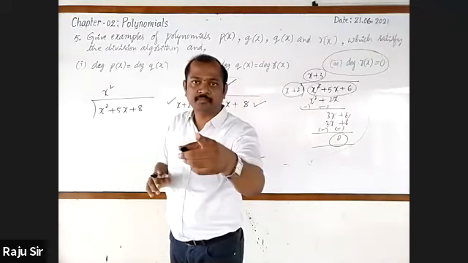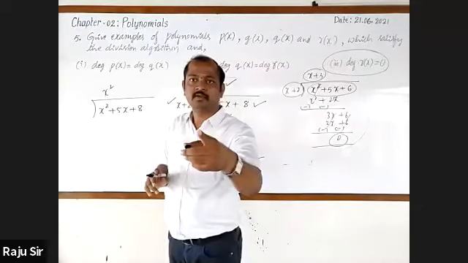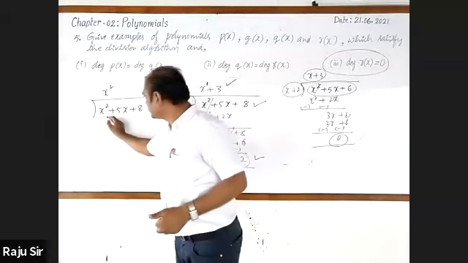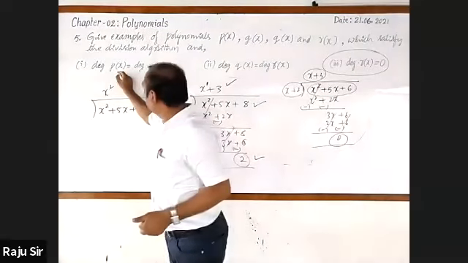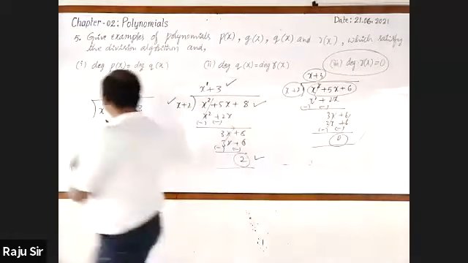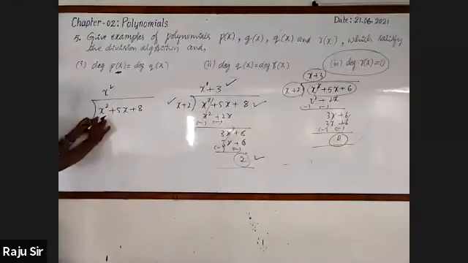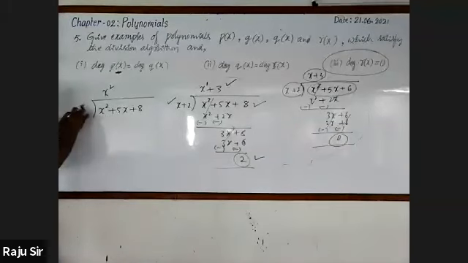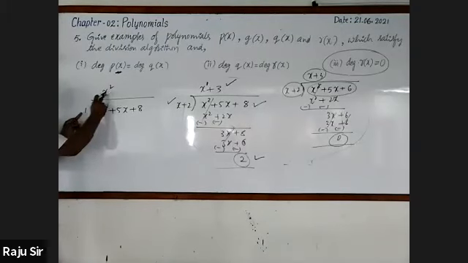Are you following? This is p of x. We want q of x. Here, q of x, the same degree, then here there must be a constant. Not 1 into x square. But then we can continue.